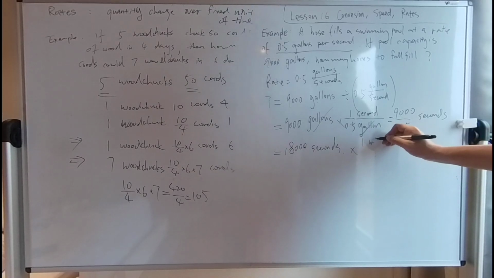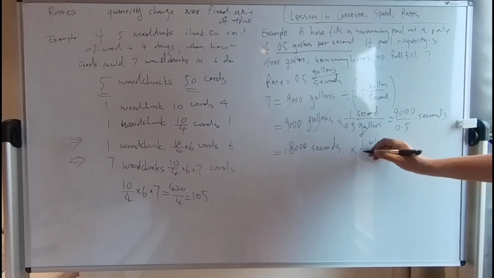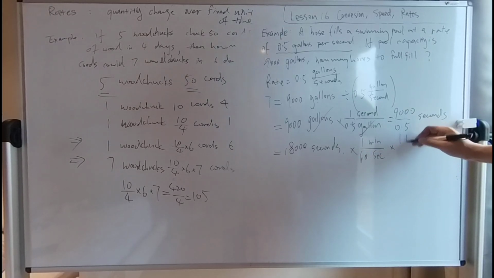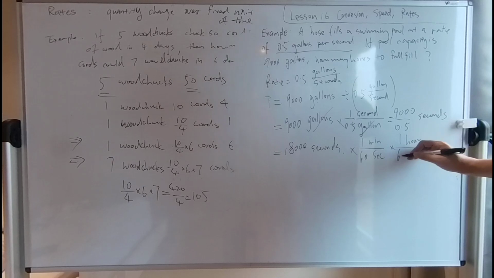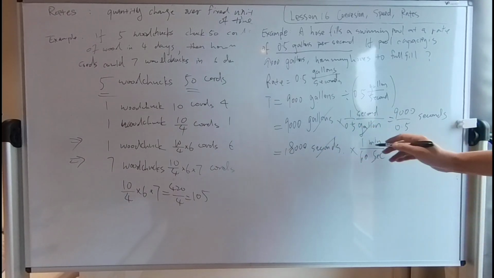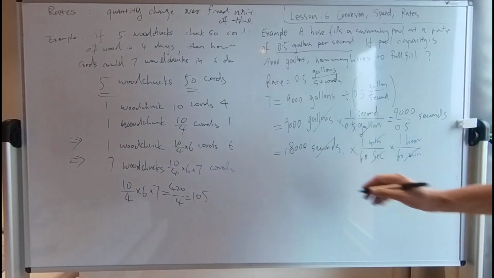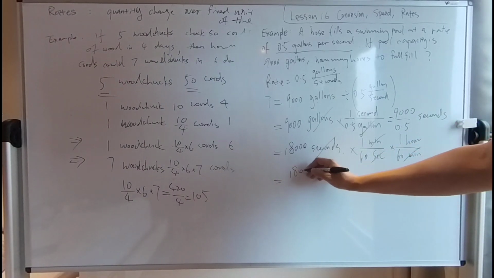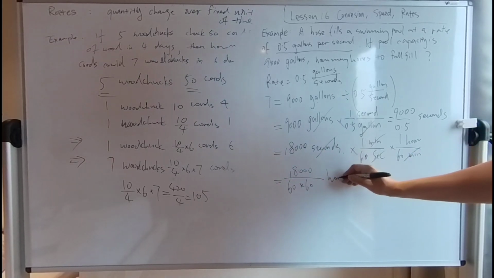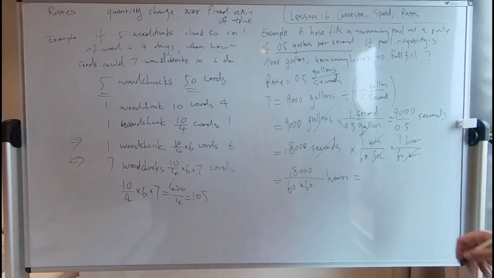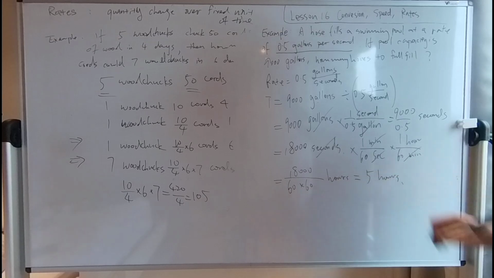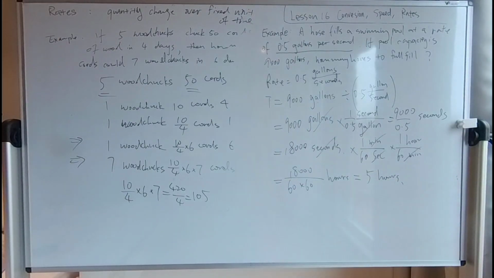So it's 1 minute over 60 seconds, and 1 hour in 60 minutes. In this way, seconds cancel out here, minutes cancel out here, you will have only hours left, and that is 18,000 over 60 times 60 hours. And you can do the math, and eventually it will all cancel out to become 5 hours. Okay, so that's the last example of this lesson.